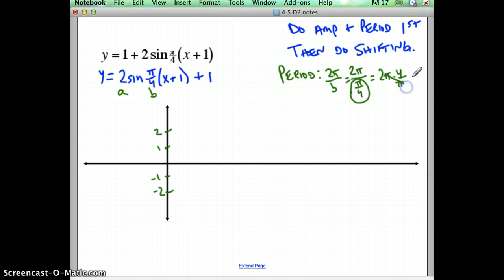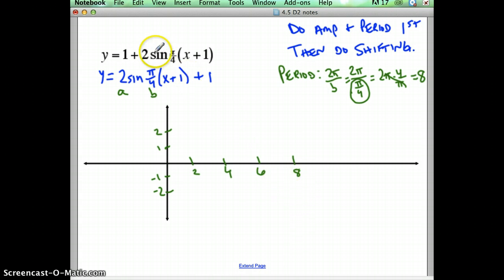And those pi's cancel, so 8 is the period. So make your 4 tick marks. The last tick mark is 8. Half of 8 is 4, half of that is 2. Multiply that by 3 and you get 6.